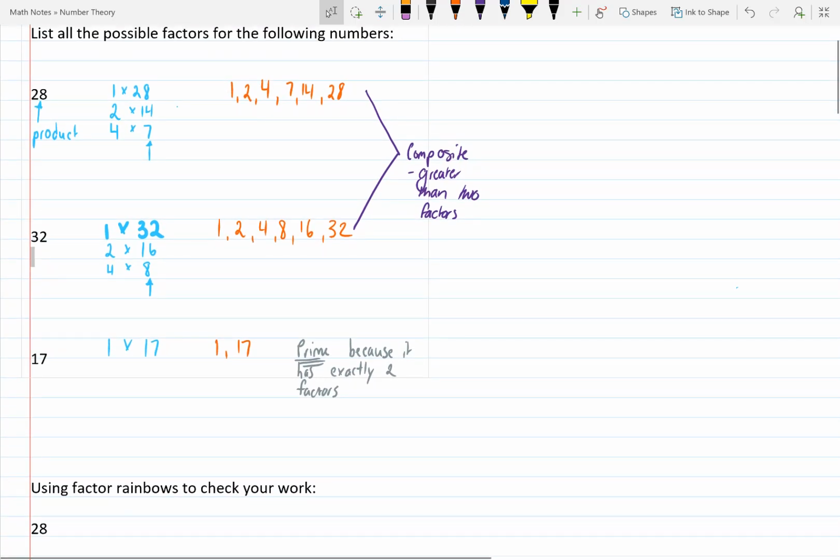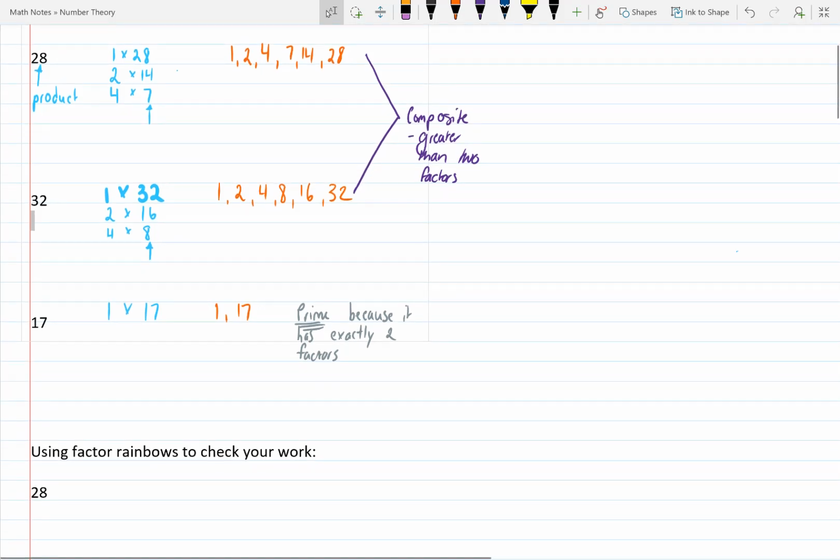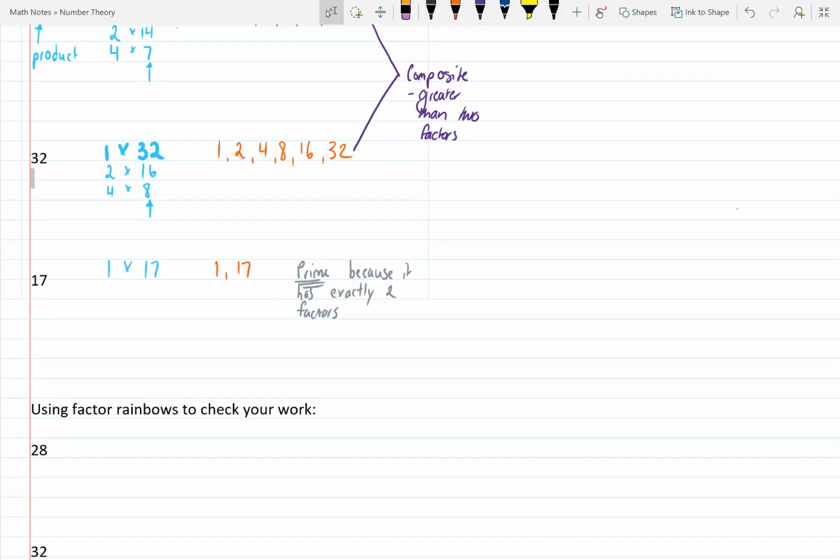Oftentimes students will make the mistake of figuring out the number pairs of multiplication expressions, but when they list the factors, they will leave one factor out. So I taught you in class that a good way to check your answer is to create a factor rainbow.